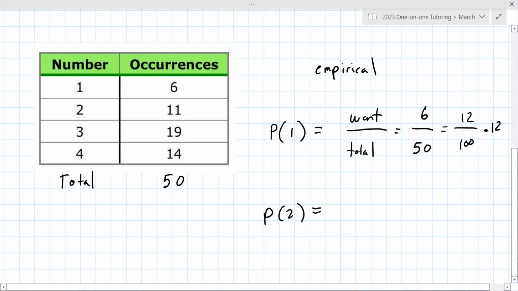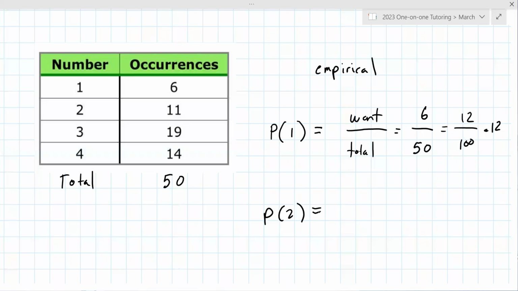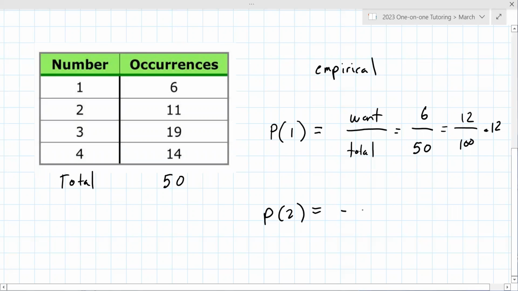Now I want you to compute the probability of getting a 2. How do you find out how many favorable outcomes you want? How many times did 2 appear? 11 out of 50.